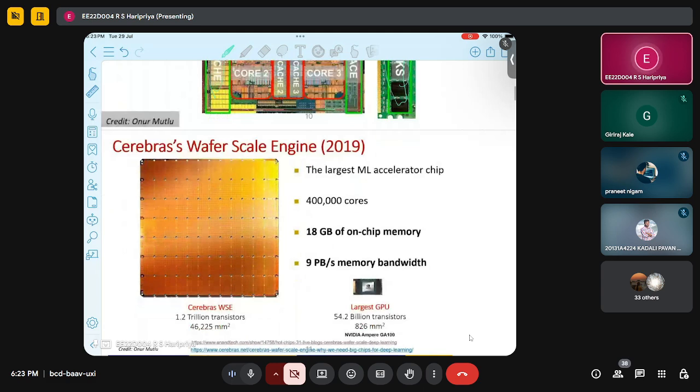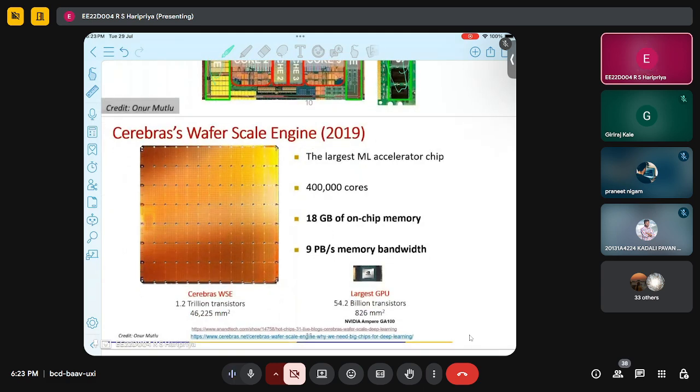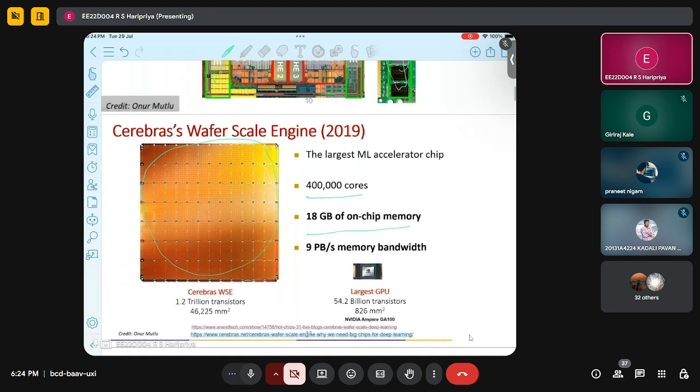Next, this is a wafer scale AI accelerator. The whole complete wafer is one accelerator, so it's a wafer scale engine. This is one complete ML compute engine. It consists of 400,000 cores and 18 GB of on-chip memory, with a memory bandwidth of 9 petabytes per second.